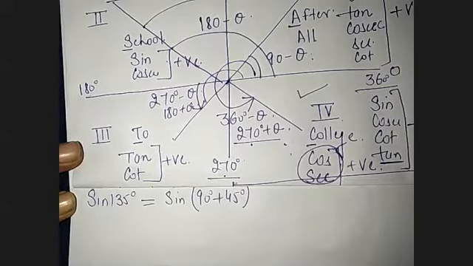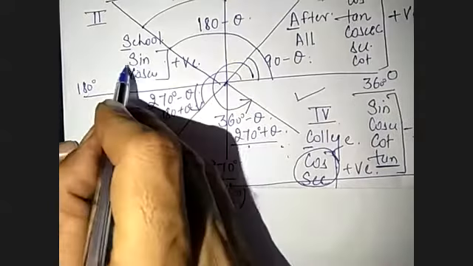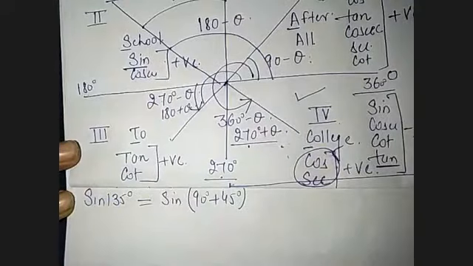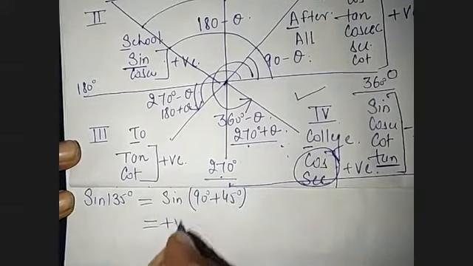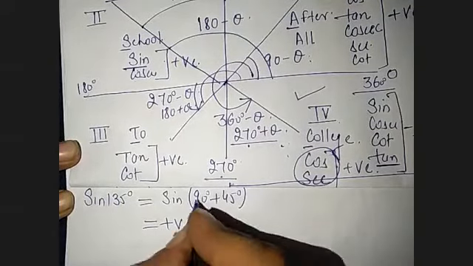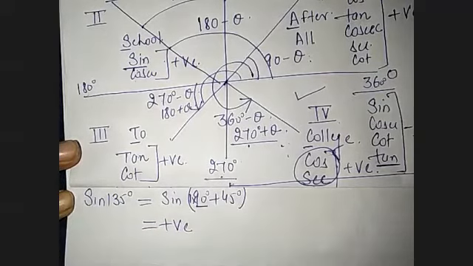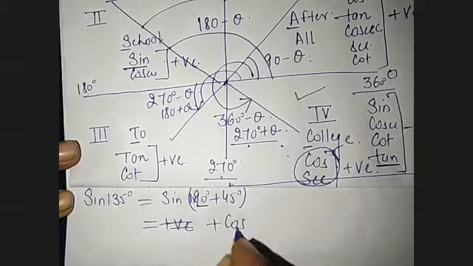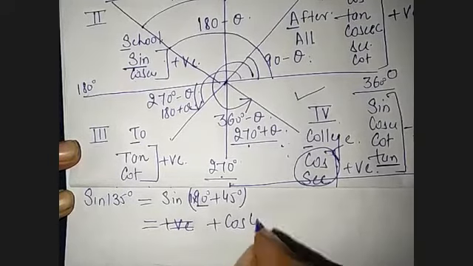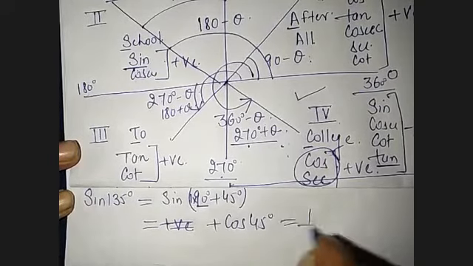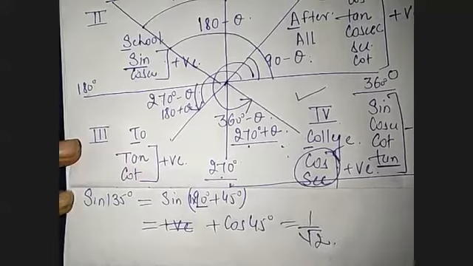Sine is in the second quadrant, and in the second quadrant, sine is positive. So we write positive here. What is the multiple of 90? It is odd, 1 into 90. So it is odd, and sine will change to cos theta. So it is cos 45, which is 1 by under root 2.